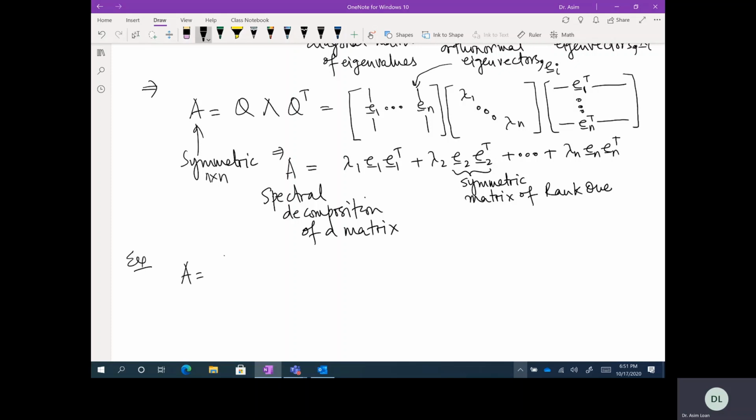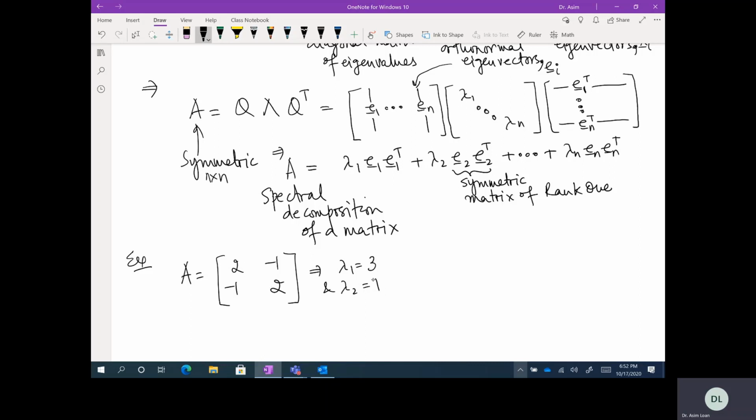The same matrix that we did before: 2 minus 1 minus 1 2. The eigenvalues were, I think, 3 and 1, so eigenvalue 1 is 3 and eigenvalue 2 is 1, because 2 plus 2 is 4, 3 plus 1 is 4. The determinant of this one is 4 minus 1, which is 3.